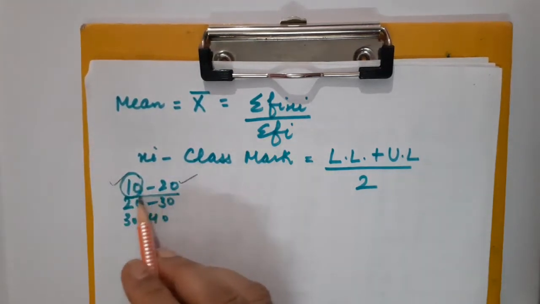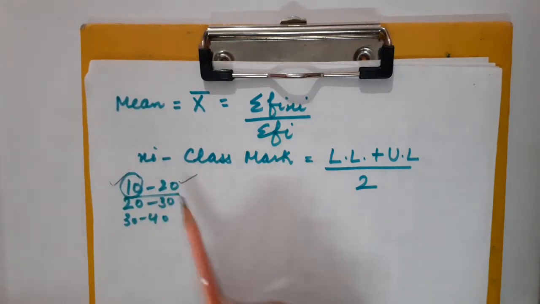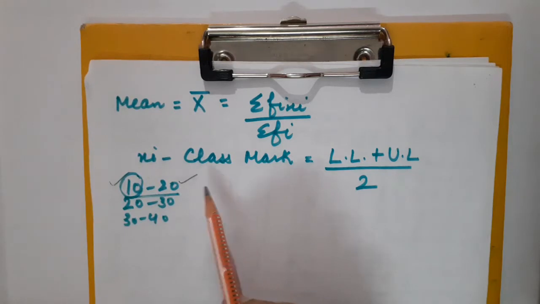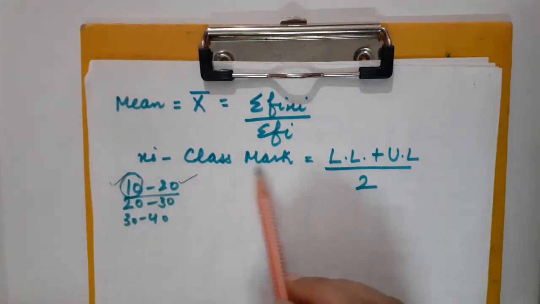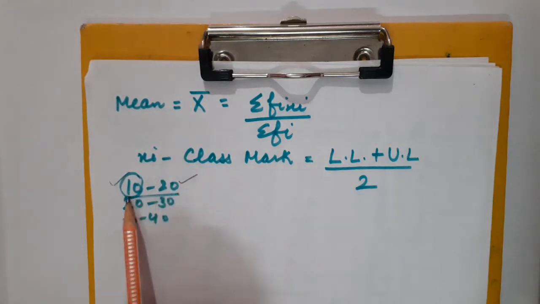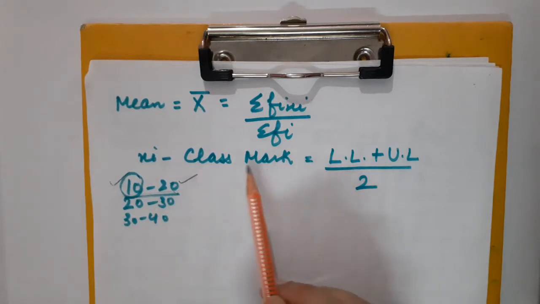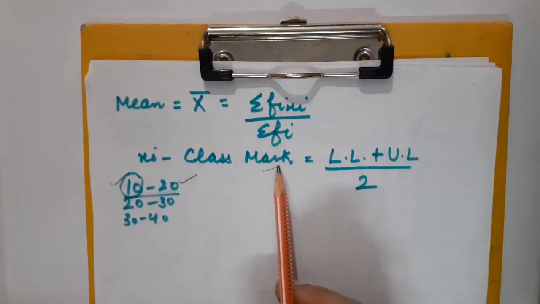So for each and every class interval, we need a point which would represent the whole class. Okay. So in that case, we are going to assume the midpoint as the class mark. Here we can say that it is assumed that the frequency of each class interval is centered around its midpoint. So that midpoint, you know how to represent it.